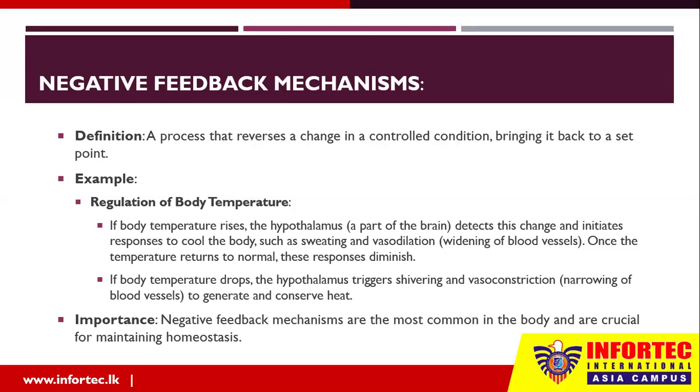So this works by reversing a change in a controlled condition, right? It means we are trying to return that change to its normal state, right? So it is a process where our body senses a change and then activates a mechanism to return that change to its normal state, right? So in the negative feedback mechanism, we are trying to stabilize that particular effect, right?